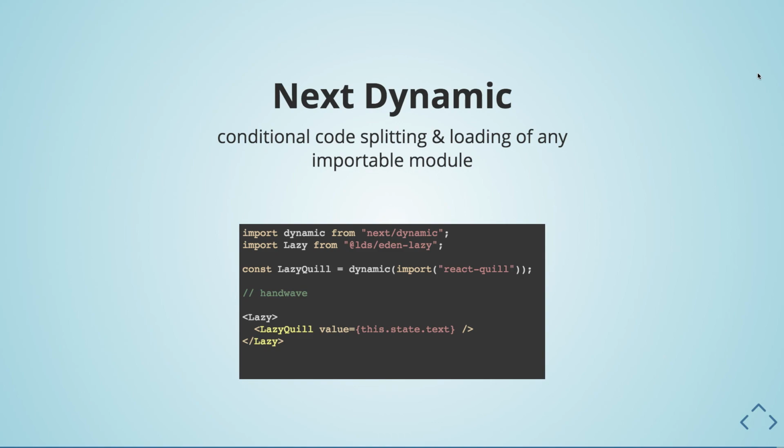So until this thing actually renders, which we're attaching to scroll events, we're not going to be pulling down the code for that Quill editor, right? So 60K you saved, right? Or React times 2.